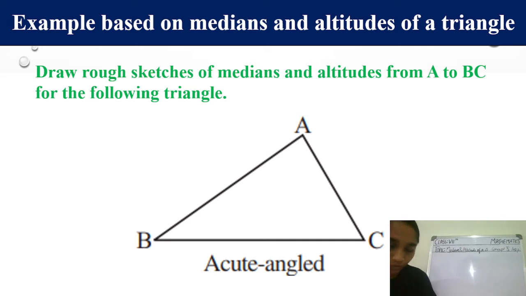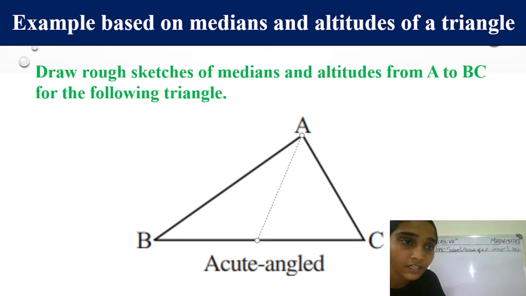Yes. So let us draw the rough sketches. You can also draw on your notebooks. First, we will draw the medians. What do you think the medians are? Yes, from the vertex A to the midpoint. Let us consider this is the midpoint. So this is a median, a simple median.